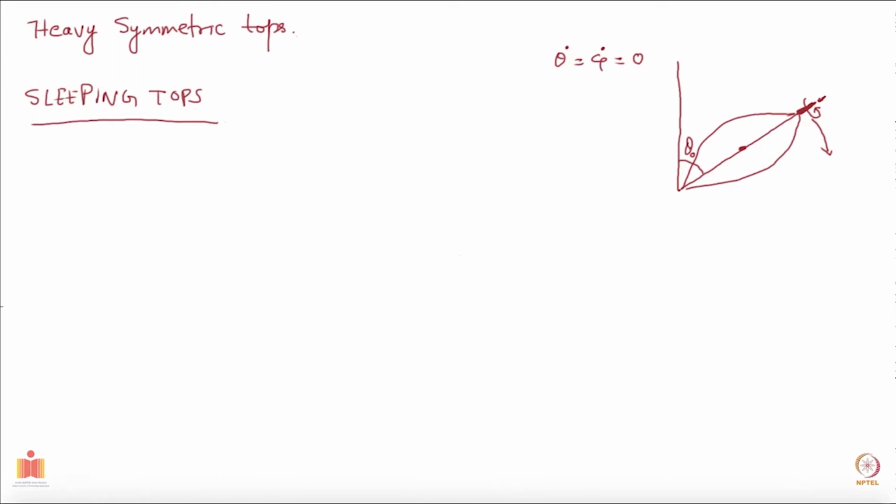Imagine we are looking at theta equal to 0, so the top is in a vertical position. Here is your vertical, and let's say here is our top. If it is made to spin in this position, then clearly theta is 0.